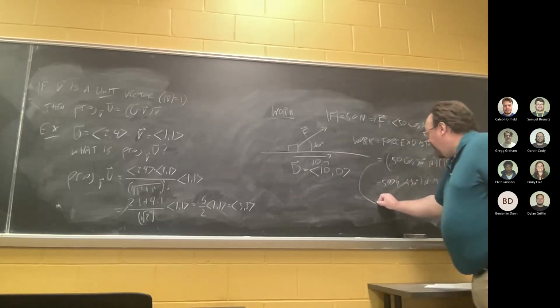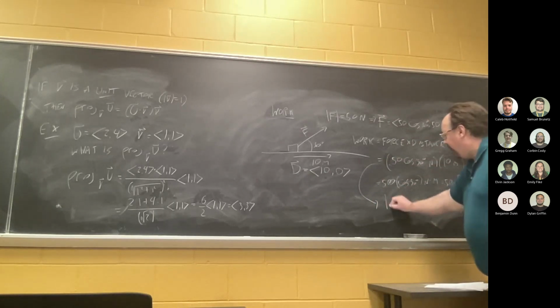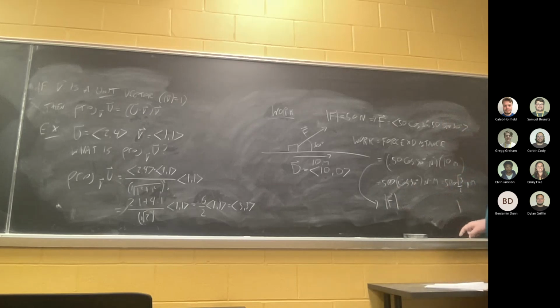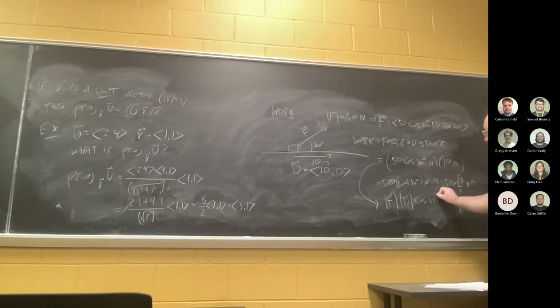So what do I have? 50 is the magnitude of my force vector. 10 is the magnitude of my displacement vector. And then I have cosine 30 degrees, the cosine of the angle between those vectors. But what does this represent? This formula here is the inner or dot product of F and D.